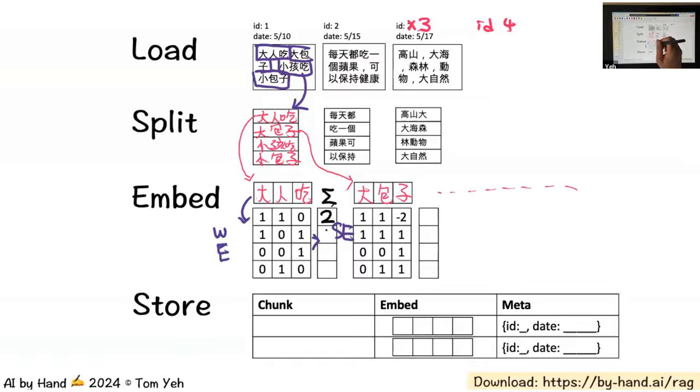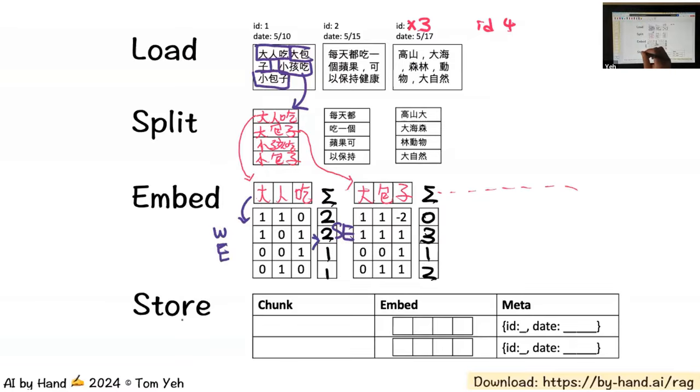This will be 2, this is 2, this is 1, 1. So the first chunk, with this embedding process, results in one single vector, 2, 2, 1, 1. Similarly, for the second chunk, another vector, 0, 3, 1, 2.